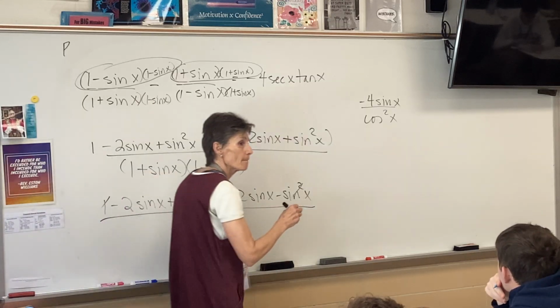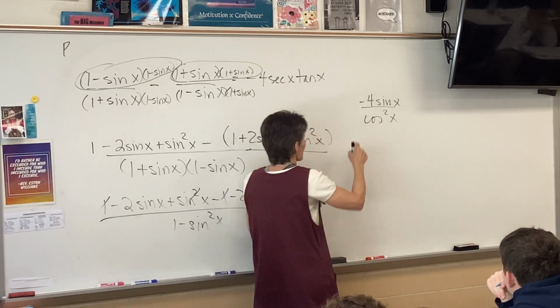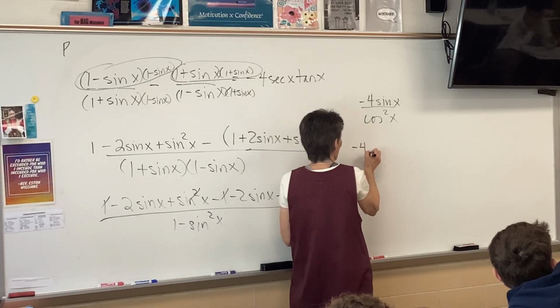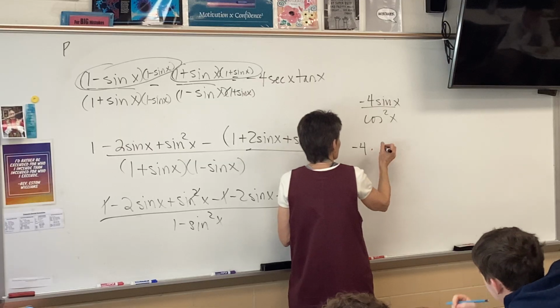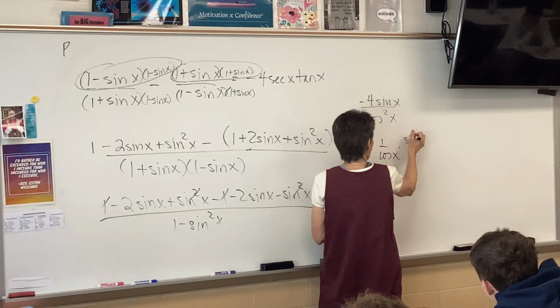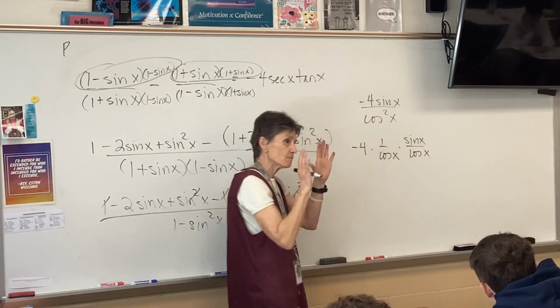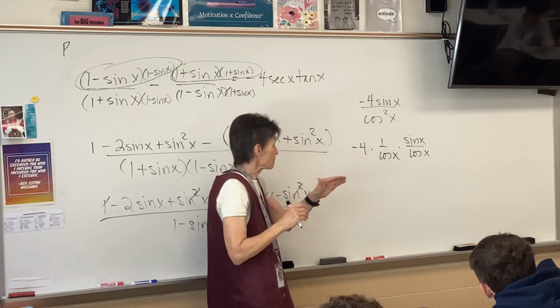Leo, should you break up the cosine squared x into two cosines? So Leo says I have negative 4 times 1 over cosine times sine over cosine. Now, before you start getting confused, just stop a minute.